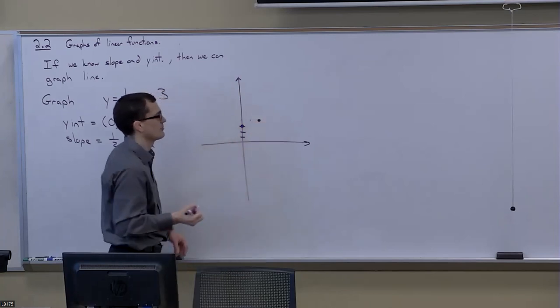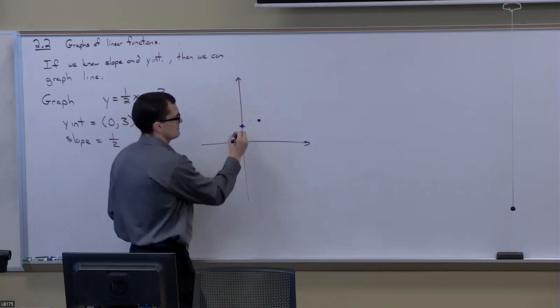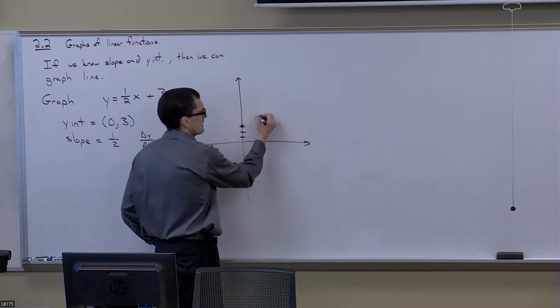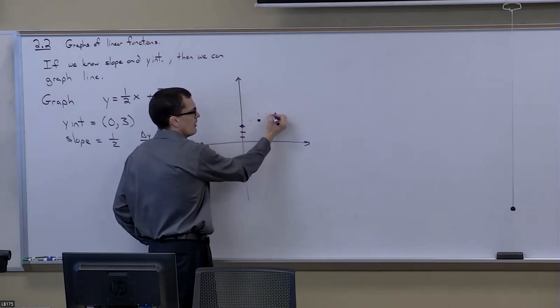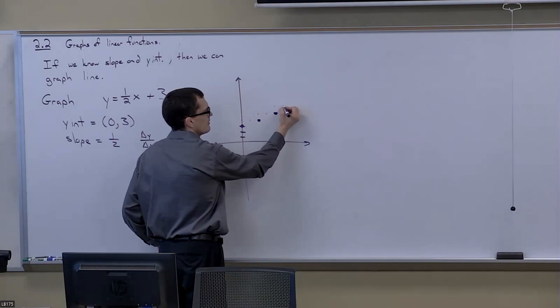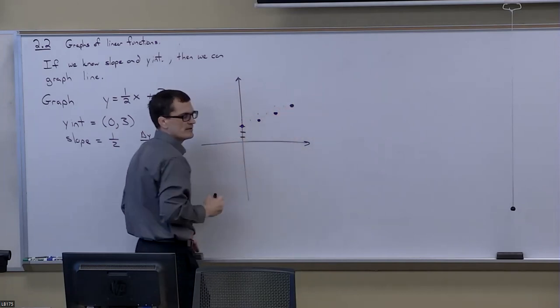And we end up at another point. Now, 2 points is sufficient to graph a line, but most of the time we just keep that pattern up. Go up 1, to the right 2, get to your next point. Up 1, to the right 2, get to your next point. And you see the pattern.